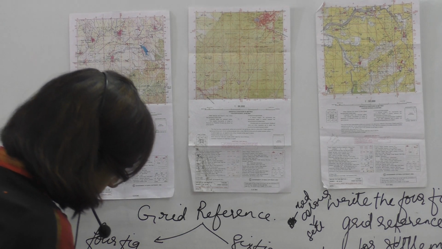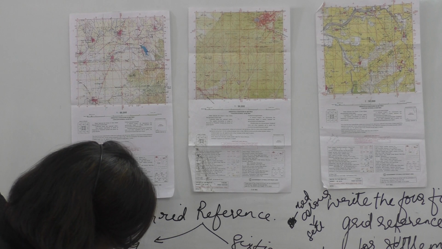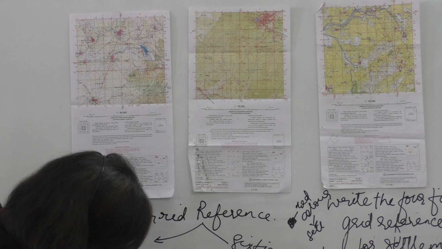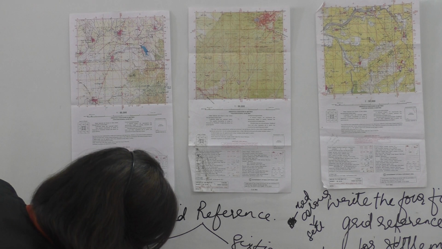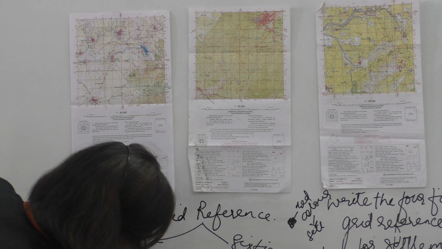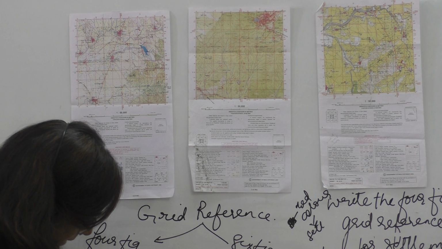So now you look at 16. Now this dot is 1, 2, third line, 3. The dot is at the third line. This is your whole easting value.